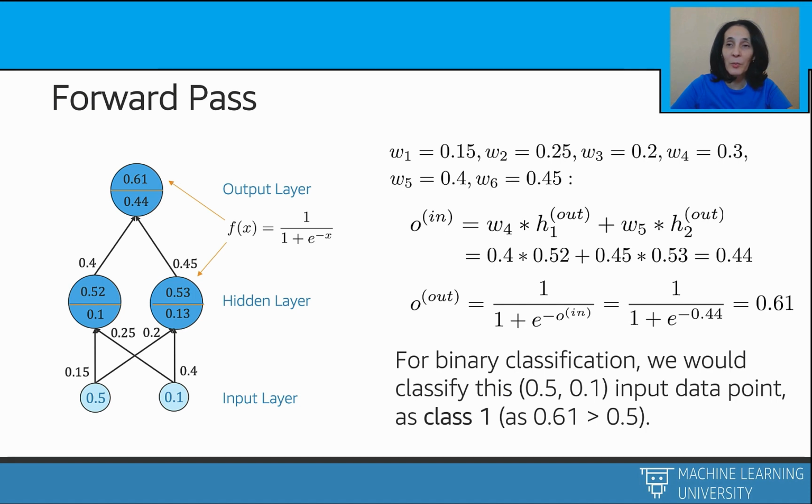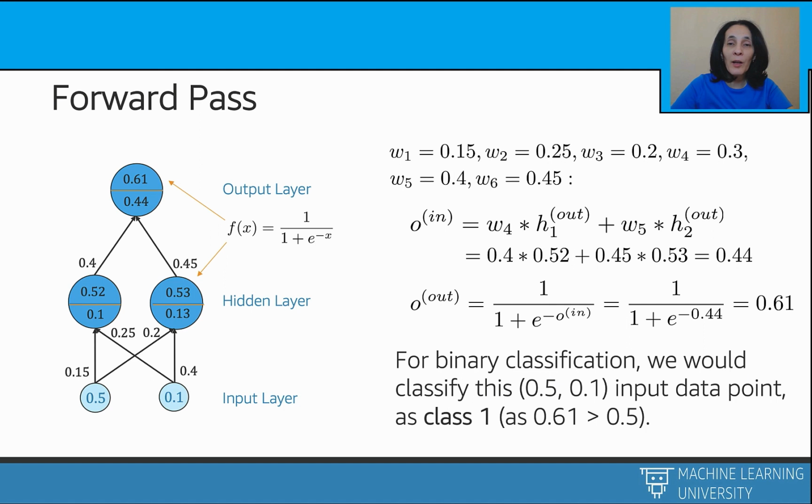It turns out to be 0.44. Now this weighted sum is also going to be transformed by the sigmoid activation of the output neuron, and it's computed to be 0.61. This is the final output of your network. Using a decision boundary at 0.5 for binary classification purposes, we would classify this as class 1, as 0.61 is more than 0.5.